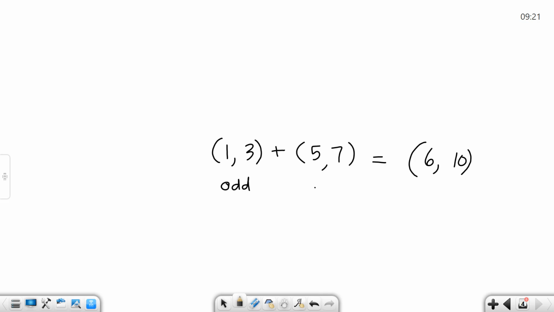If you were watching this from my notes, it has an error in it that I need you to fix. This is on the back page of the 4.1 handout. When you add 1 plus 5, you get 6, and on the sheet it says 4, so fix that. But again, the point is I added something that had only odd entries to something that only had odd entries, and what I got back had even entries. And so that's what we mean by not closed.